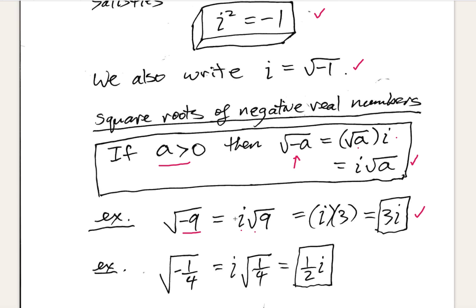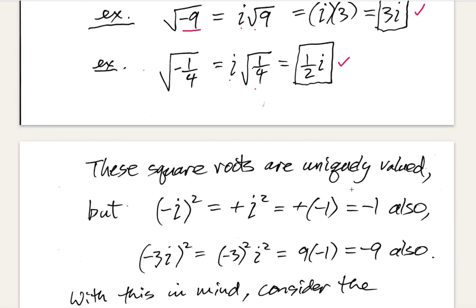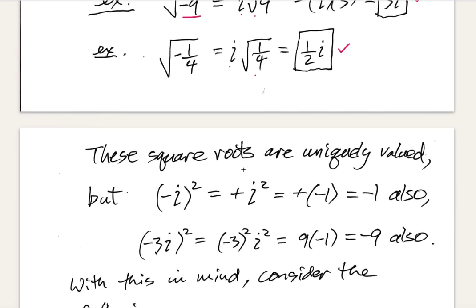How about this one? The square root of -1/4 is going to be i times the square root of 1/4. The square root of 1/4 is a half, so that is really 1/2 i. Like I stated before, these square roots are uniquely valued, so you only get one answer.